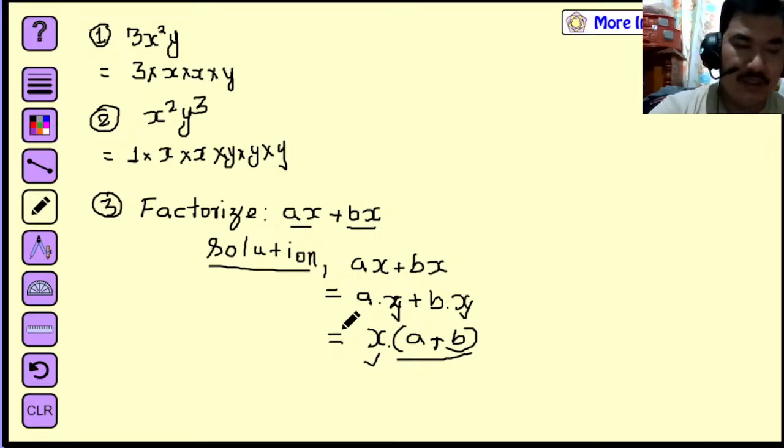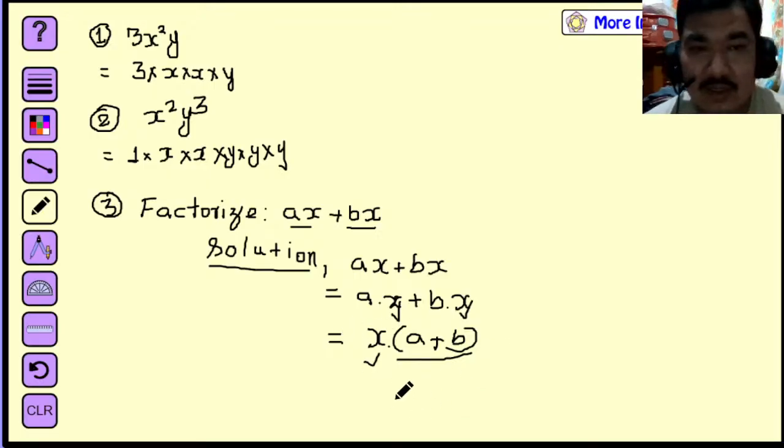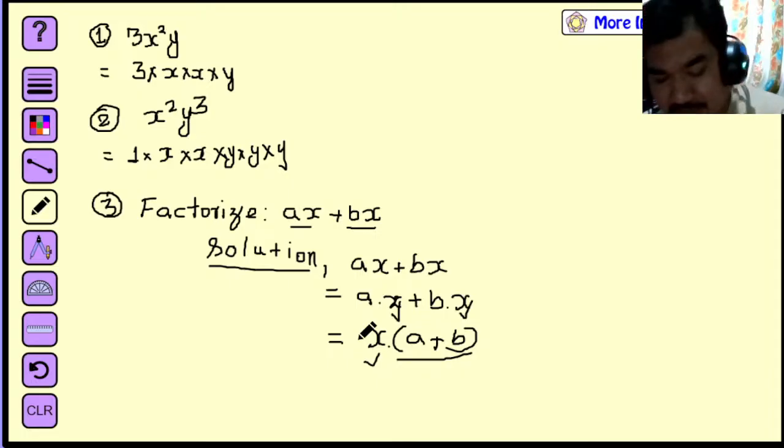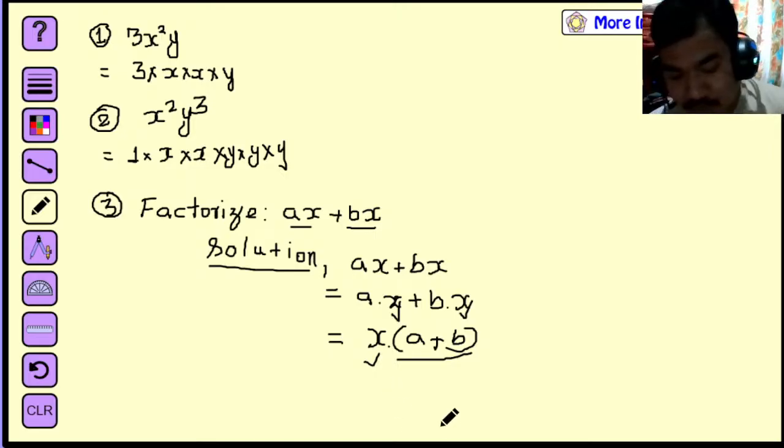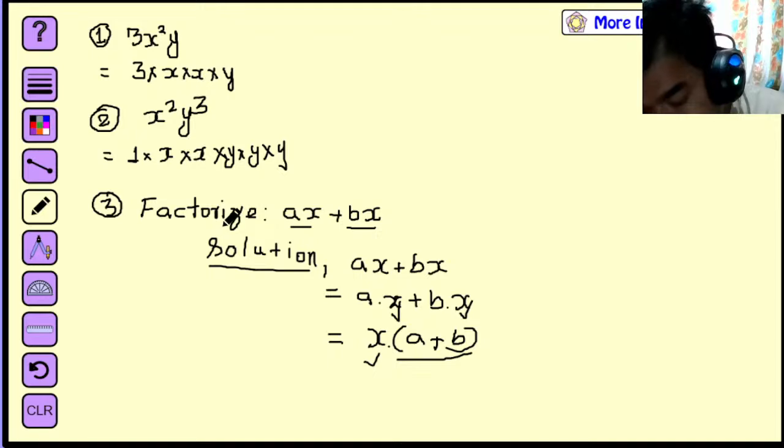Like this we take common. This is the way to factorize by taking common.